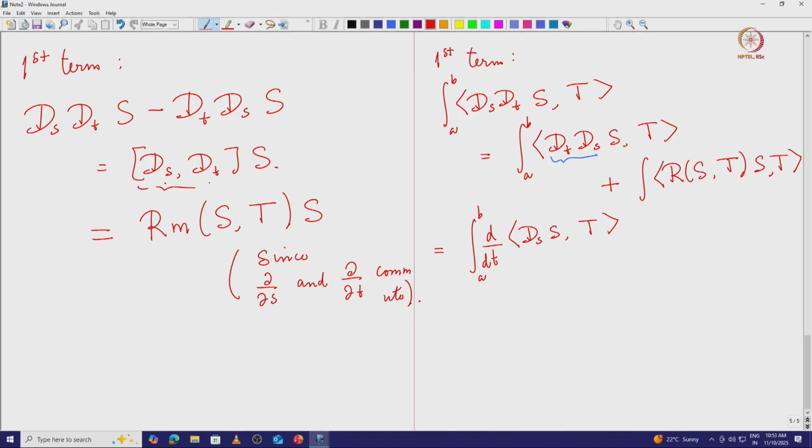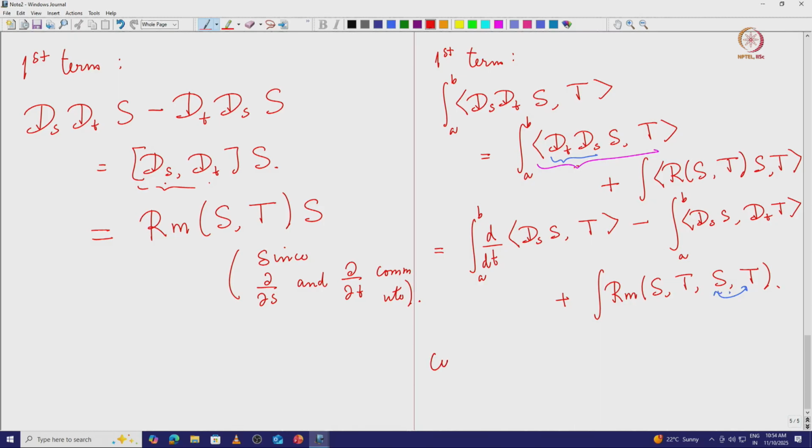If you compute d by dt of this, you will first get exactly this term, but then there will be another term which I now need to subtract off. So minus the integral from a to b of ⟨∇_s S, ∇_t T⟩, and then the curvature term which is Rm(S, T, S, T). Now in the curvature term, because in applications I want to make it look more like a sectional curvature term, I swap these two. Okay, so the result will be the following.